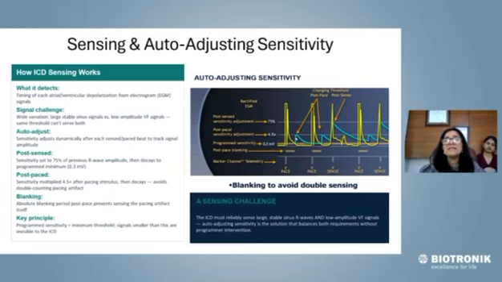The most important and challenging part of an ICD, unlike a pacemaker, is sensing and auto-adjusting sensitivity. It is extremely important to understand that a defibrillator must reliably sense large and stable sinus R waves, and also low amplitude ventricular fibrillation signals.